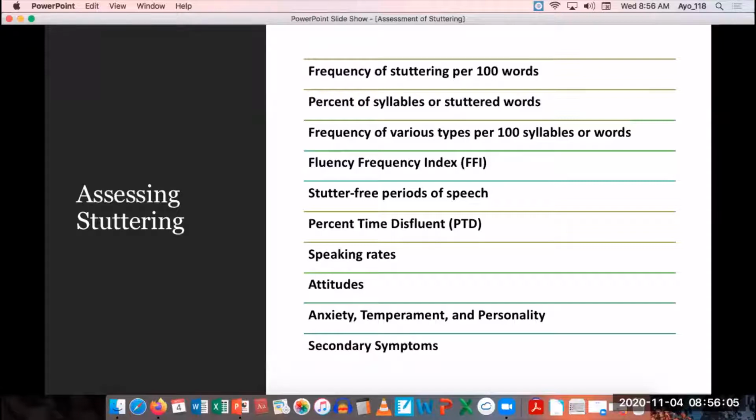If they stop to think about something, not a disfluency, you ask them a question and they're like, I don't know, you would pause that timer during that short interval because that wasn't a disfluency. That was just them pondering, thinking.